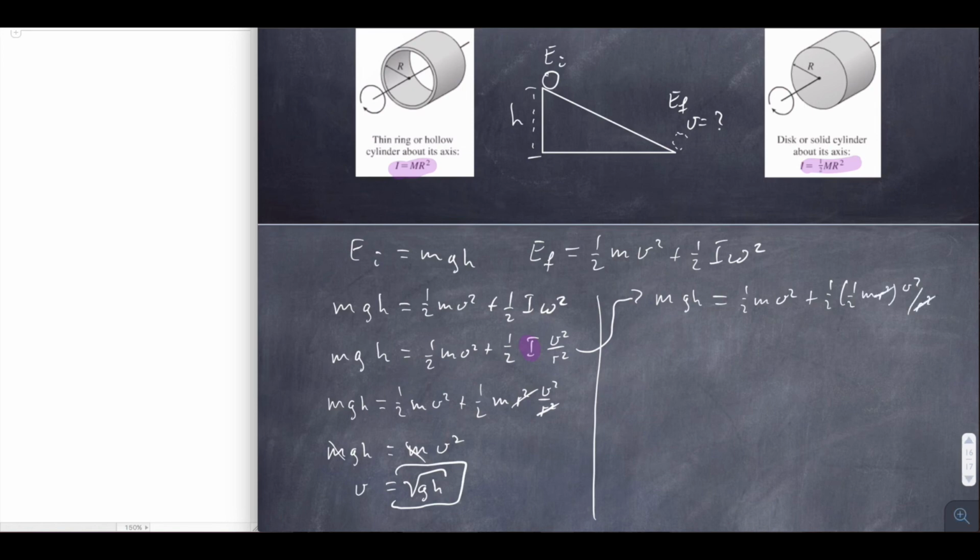So my r's cancel, my m's cancel, gh equals v squared times 1/2 plus 1/4, and so we get gh equals v squared times 3/4. So we get v equals the square root of 4/3 gh.